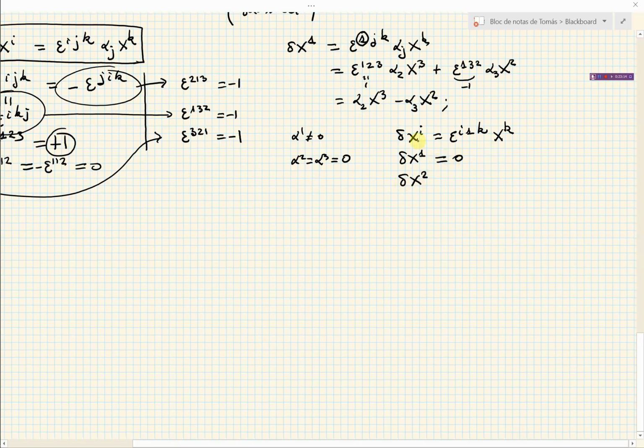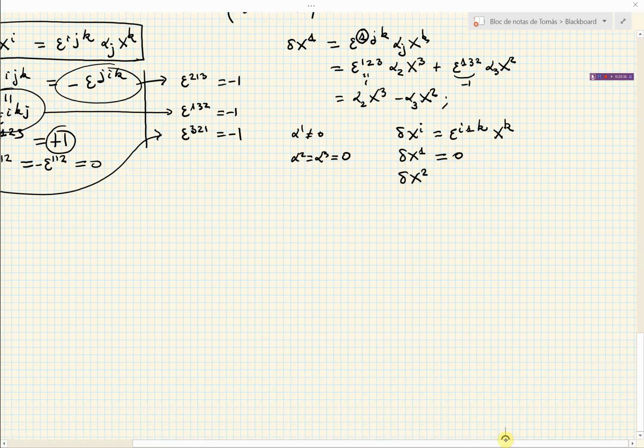If I is 2, then 2, 1, and the only possibility is 3. So it is epsilon 2, 1, 3. 2, 1, 3 is minus 1. Okay, and x3. So it is minus x3.